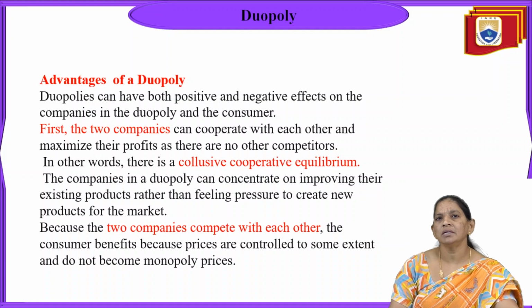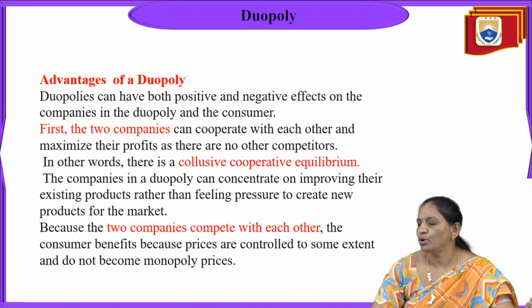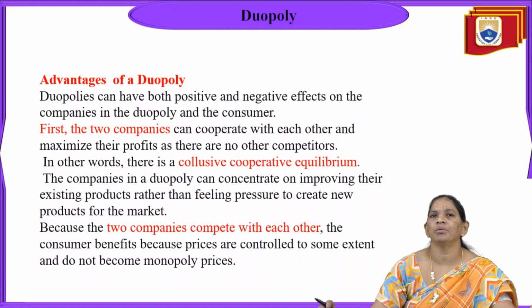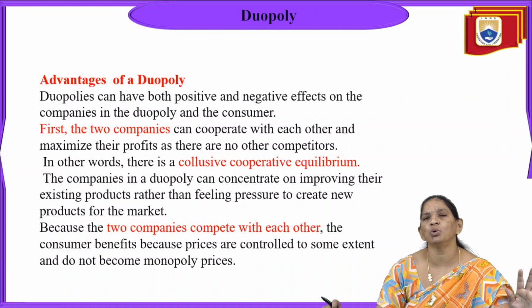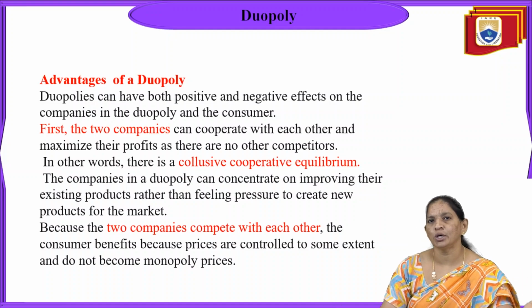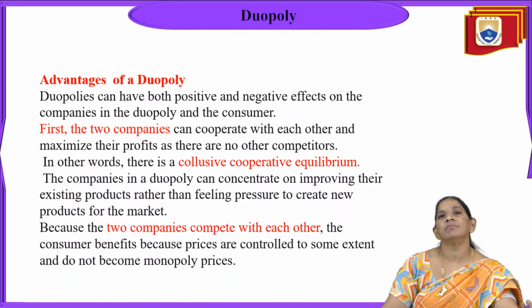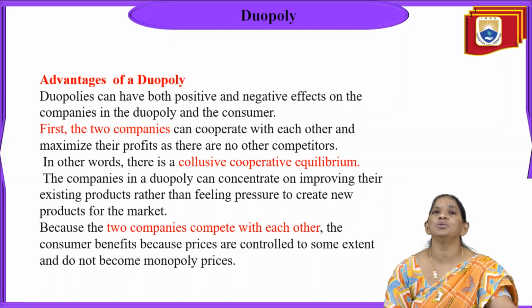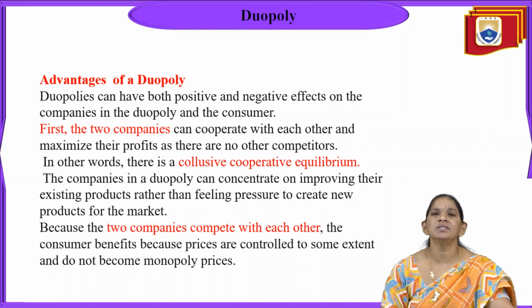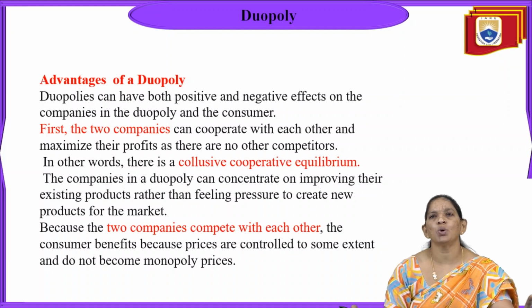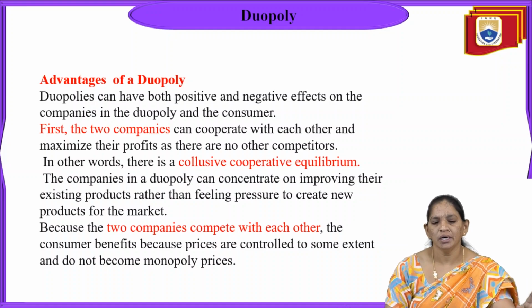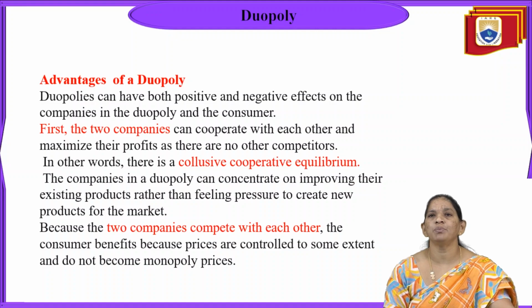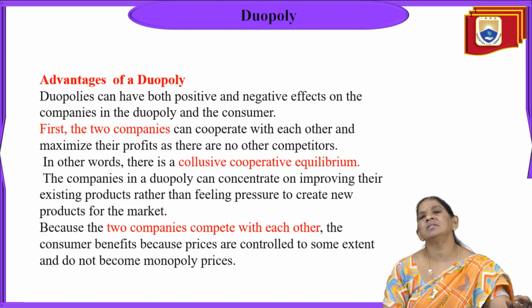Coming to the advantages of duopoly, we can have both positive and negative things. First, we will see what advantages consumers or companies have. When two companies operate and maximize their profits without competition, that is an advantage.